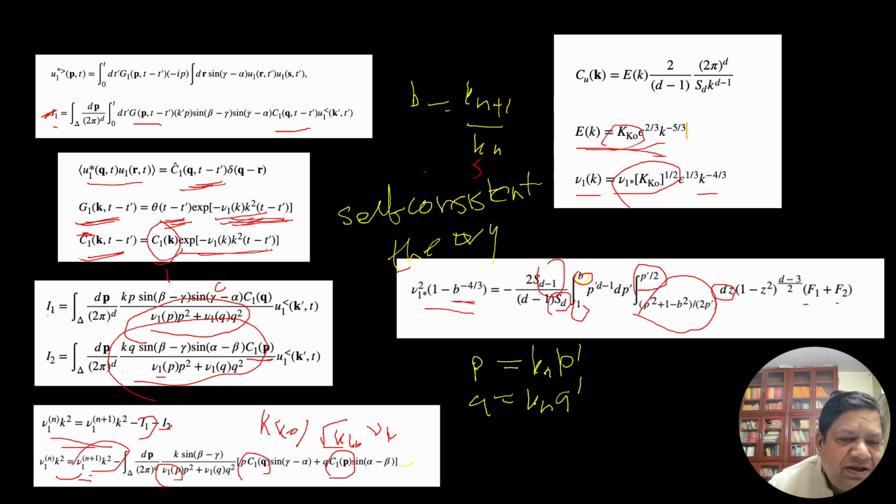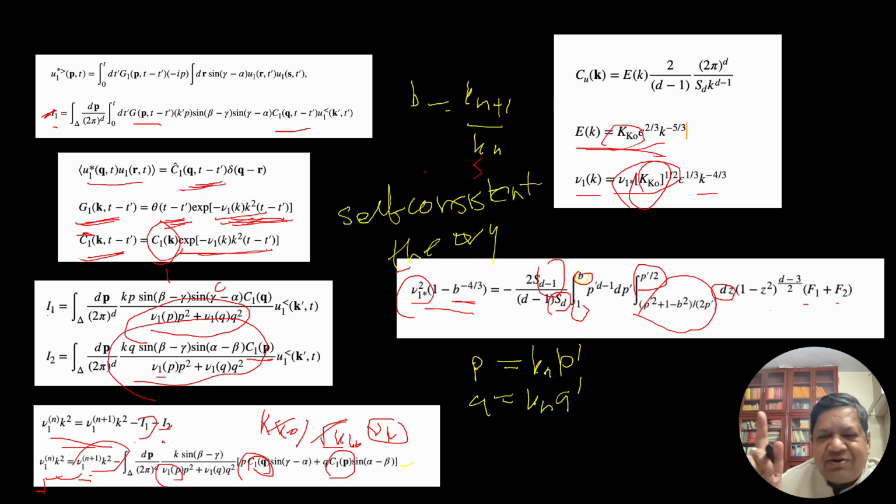So the Kolmogorov constant gets cancelled, and there is one nu star on the left and one by nu star on the right, so that becomes nu n squared. Okay, so the beauty is that this correlation function has a Kolmogorov constant, and the nu one on the left is also a Kolmogorov constant, so they cancel. So that is why the square root of k Kolmogorov is chosen.